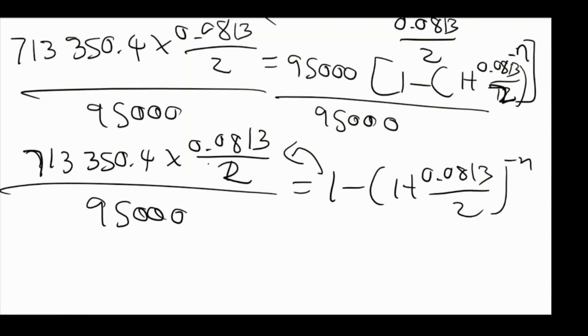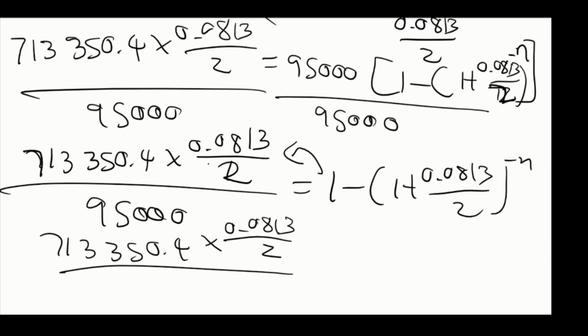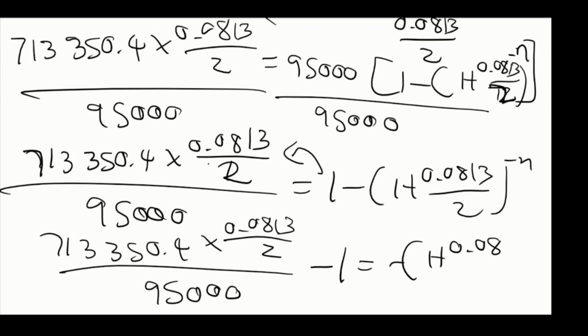Transpose the 1 to the other side, you're going to have 713,350.4 times 0.0813 over 2 divided by 95,000 minus 1 is equal to minus 1 plus 0.0813 over 2 to the power of minus n.